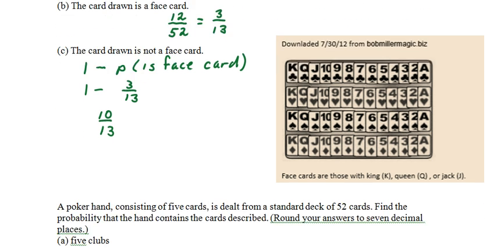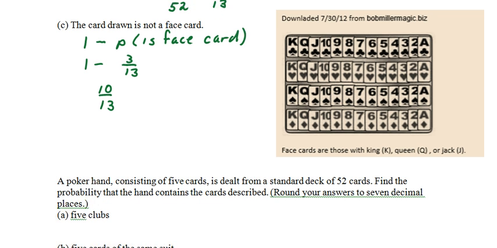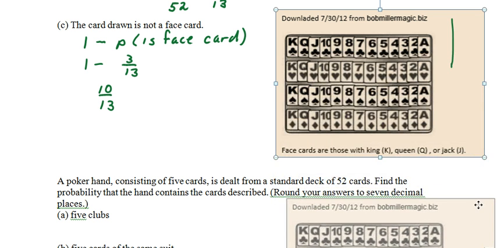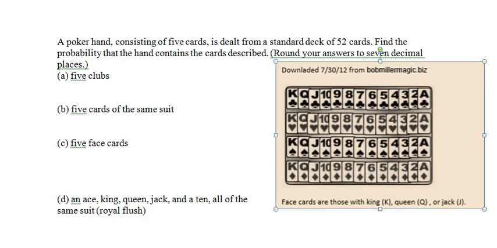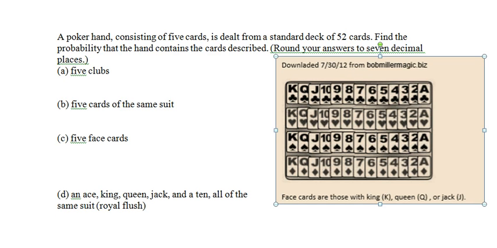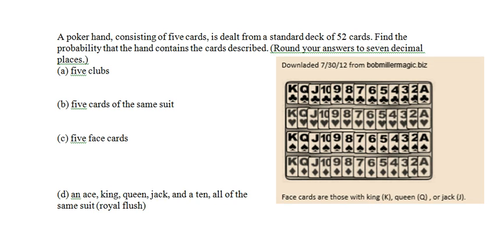We have another problem dealing with cards, and I'm going to bring the sample down. And this time, it says a poker hand consisting of 5 cards is dealt from a standard deck of 52.